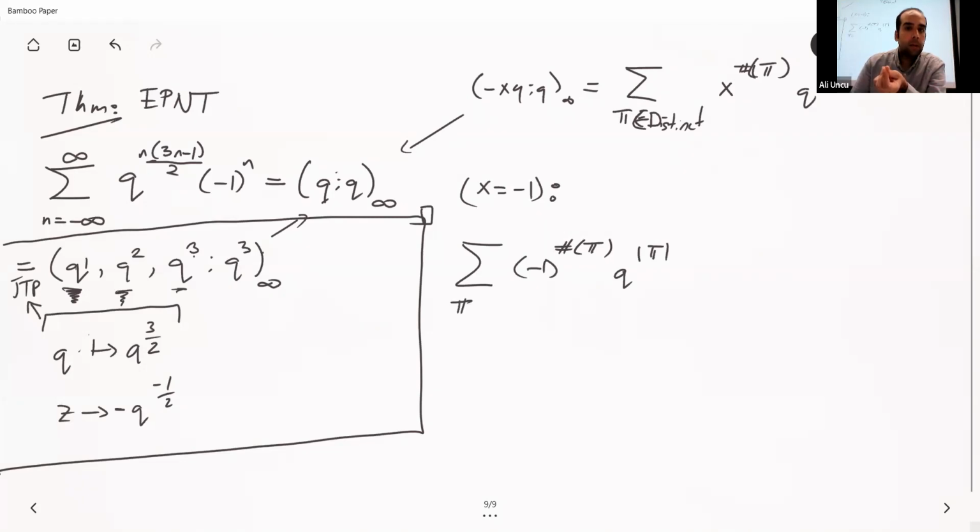I take a distinct partition, which I will call that set D, and now I weigh it by -1 to the number of parts. This is the product (q; q)_infinity. That is the interpretation of the product (q; q)_infinity.